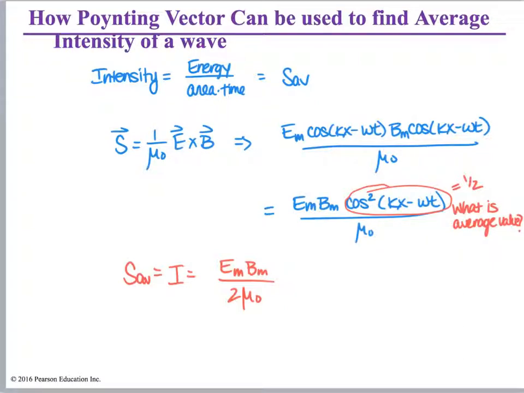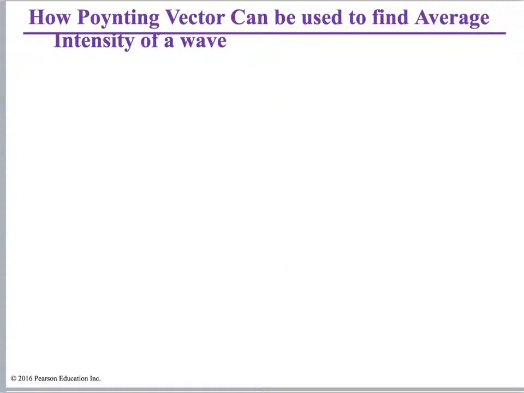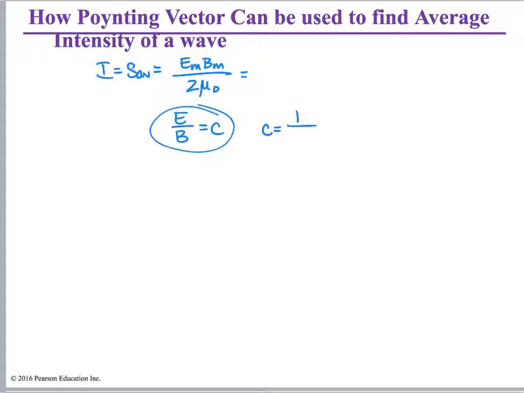We can actually write this a lot of different ways. So again, the intensity, which is the average Poynting vector, is equal to E max B max over 2 mu naught. We can use the fact that E over B is equal to the speed of light, and we might want to write this just in terms of the electric field or just in terms of the magnetic field. We can also use that c is equal to 1 over the square root of epsilon naught mu naught.